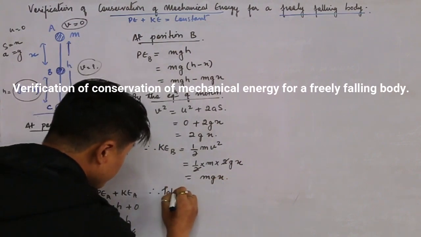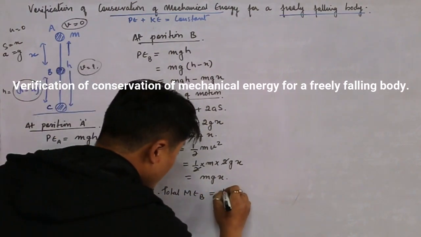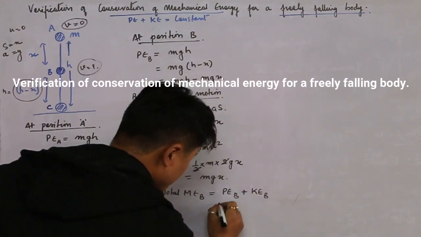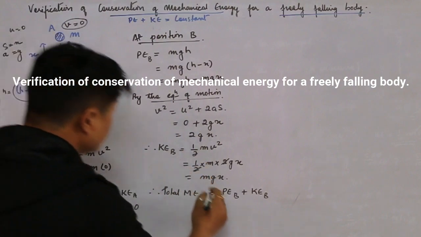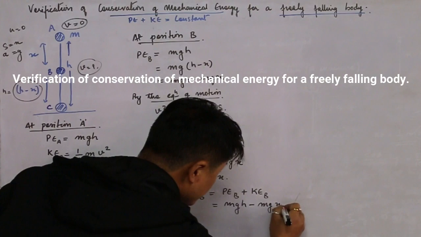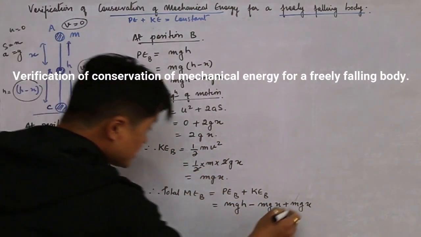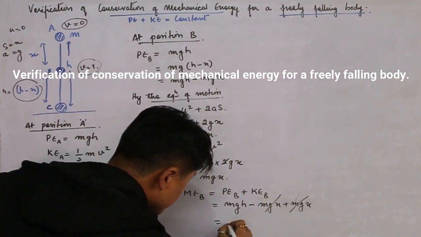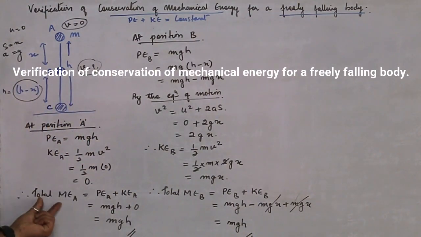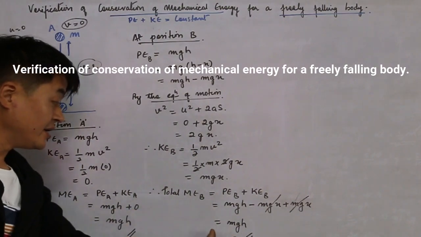Therefore total mechanical energy at B is equal to potential energy at B plus kinetic energy at B, which is mgh minus mgx plus mgx. This gets cancelled and is equal to mgh. So from here we can see that total mechanical energy at A is equal to total mechanical energy at B.